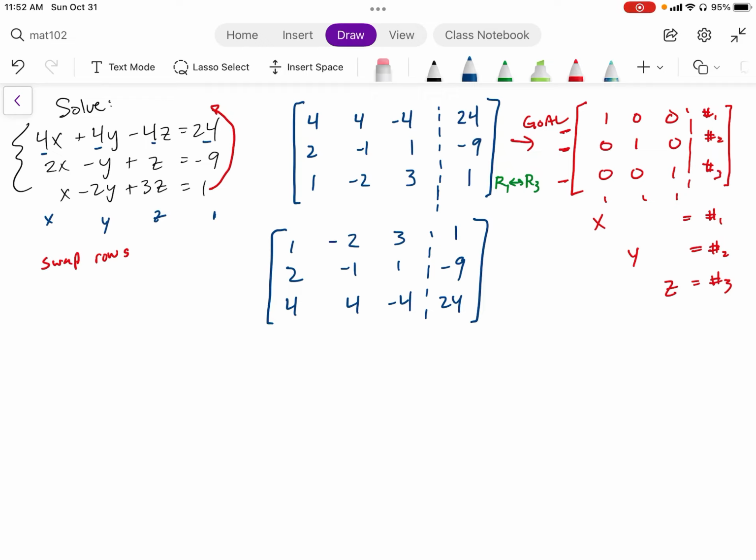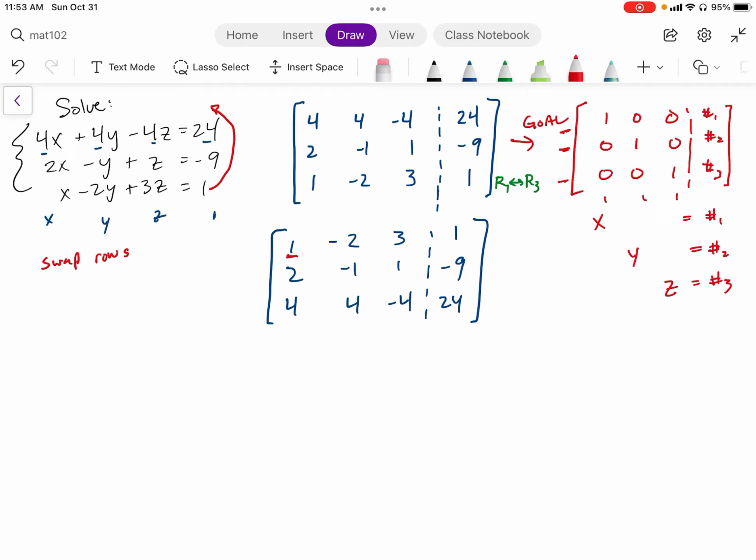Another thing we are allowed to do, just like system of equations before, right, when we were writing all these equations, when you go for the elimination method, what you do is you multiply certain values and add together the rows. So that's what I'm going to do here. Again, our goal is to get a 1 here.